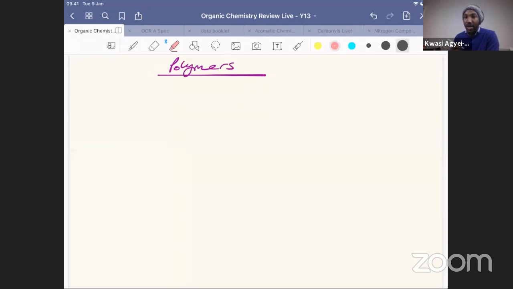Okay, so polymers. If we consider the amino acid we saw on the previous page, I'll change over to a pen. So we had an NH2 group and then a carboxylic acid group. You can have this amino acid reacting with a second amino acid, and you can call that R'.